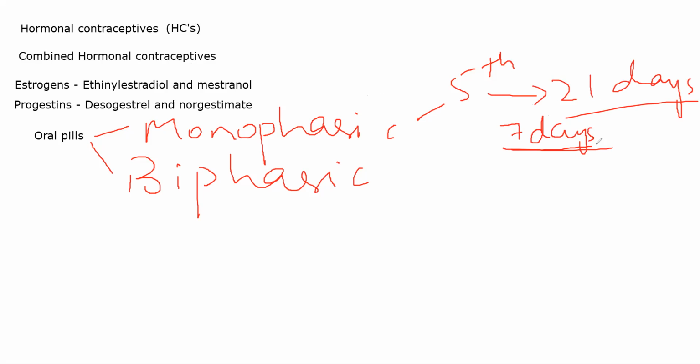Okay, when bleeding occurs, you will take a gap of 7 days. Those are monophasic pills. So you start on fifth day, you will continue for 21 days, and you stop again during bleeding. Again, when the next cycle starts on the fifth day, you start the drug again. ठीक है, वैसा cycle चलता ड्रग का.